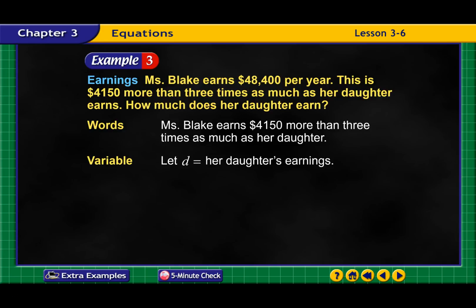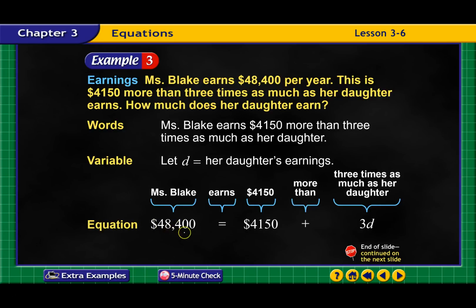So we're going to let D be her daughter's earnings. I love it when they do this. Mrs. Blake earns $41,050 more than 3 times as much as her daughter. So we're going to put these into terms here. Mrs. Blake, however much she makes, equals $41,050 more than, plus 3D, 3 times as much as her daughter.